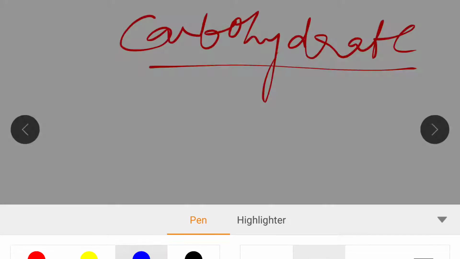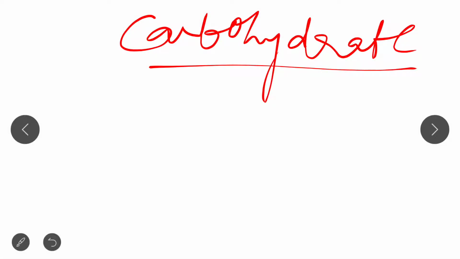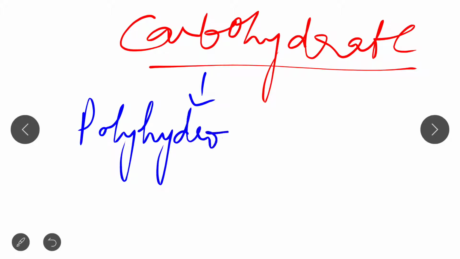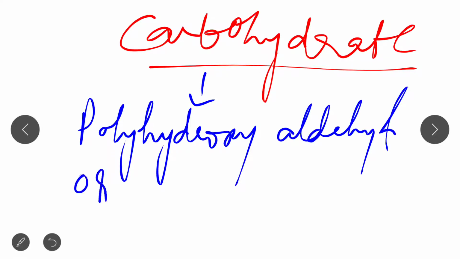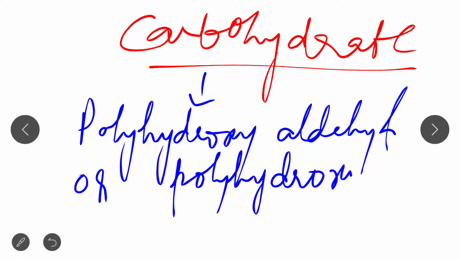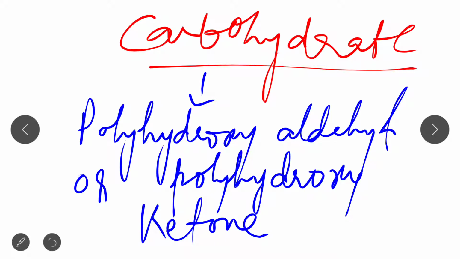Basically, carbohydrates are polyhydroxyaldehydes or polyhydroxyketones, or compounds that can be hydrolyzed to them. So this is basically a carbohydrate, that is, a polyhydroxyaldehyde or polyhydroxyketone.